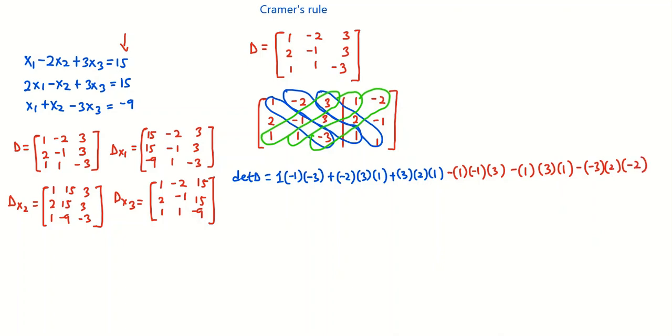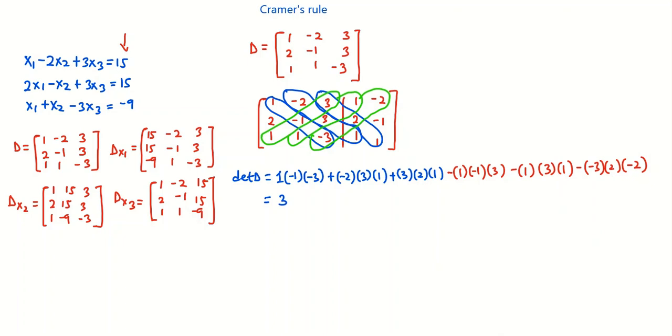Now let's simplify this and see what you are going to get. Look at the top left side first. We have 1 multiplying minus 1 multiplying minus 3, plus minus 2 multiplying 3 multiplying 1, plus 3 multiplying 2 multiplying 1. That gives us 3. Now let's look at the bottom left part.